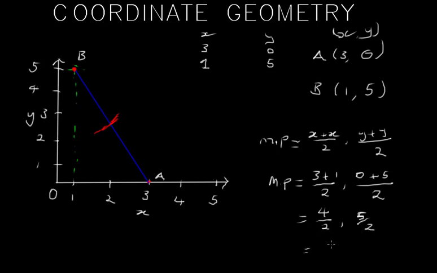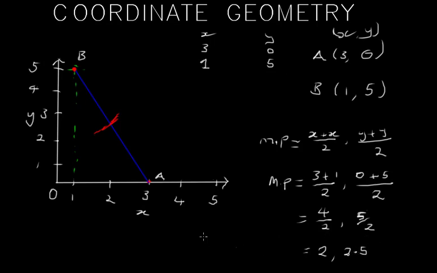So 4 divided by 2 gives us 2, comma, 5 divided by 2 gives us... oh, sorry, 5 over 2, which is simply, let's just write it in fraction form. So we're going to have 2.5. 5 divided by 2 will give you 2.5.